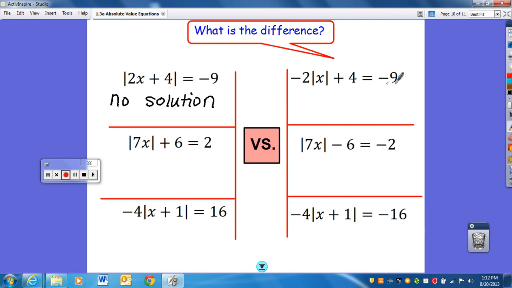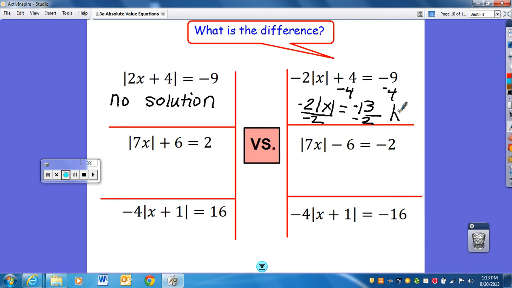Well, the difference is that even though it equals negative 9, I have some extra items, values that I need to take care of before my absolute value symbol is by itself. So if I subtract negative 4, I get negative 2 times the absolute value of x is equal to negative 13. And when I divide by negative 2 on both sides, that's going to be a positive answer.